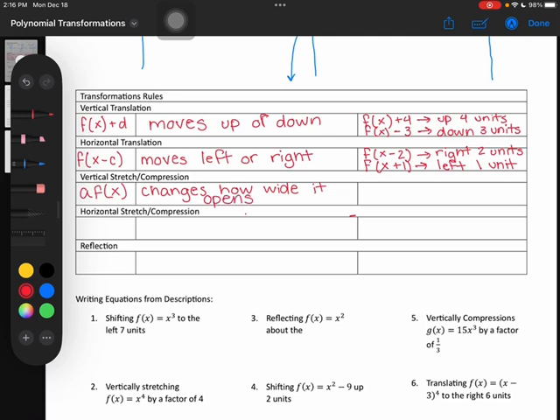We're always comparing these numbers to 1. If a is greater than 1, that's a stretch. And if a is less than 1, that's a compression.